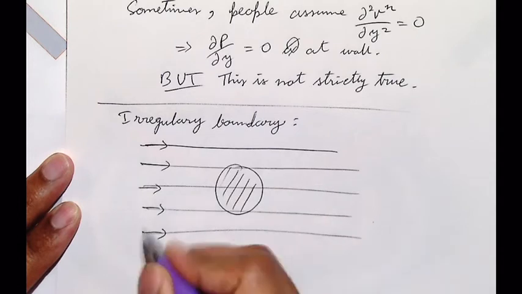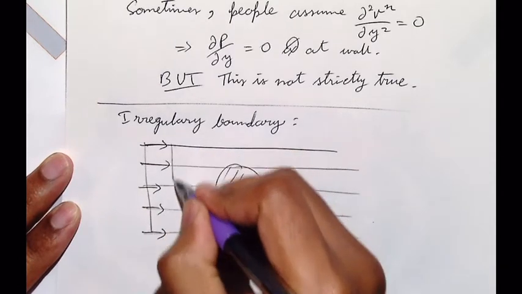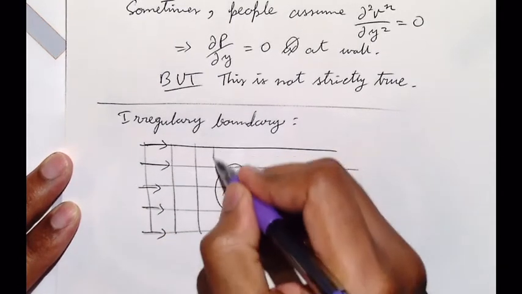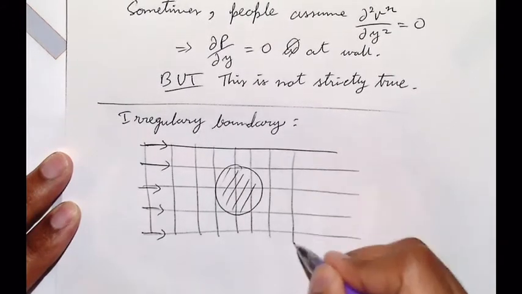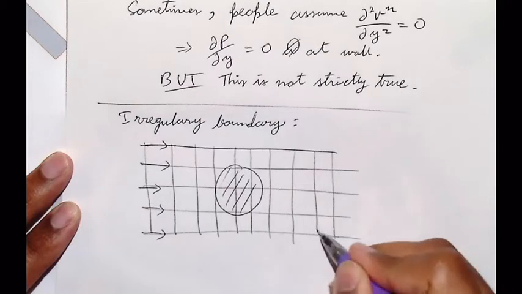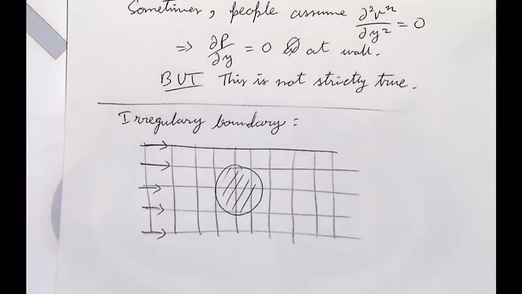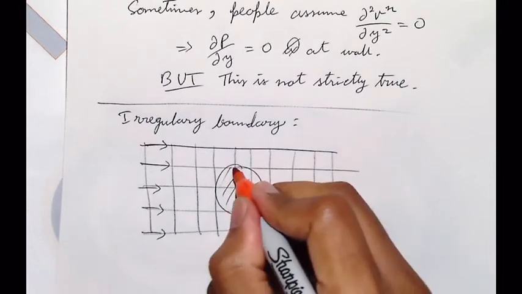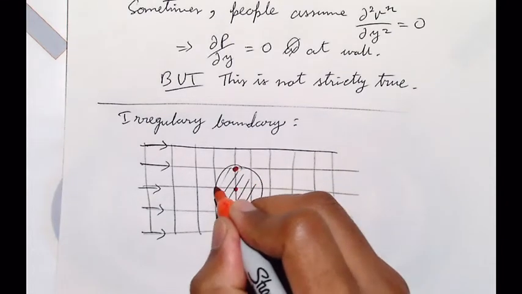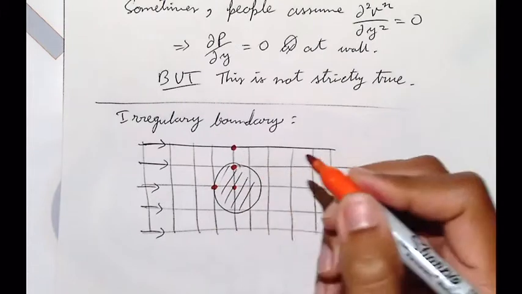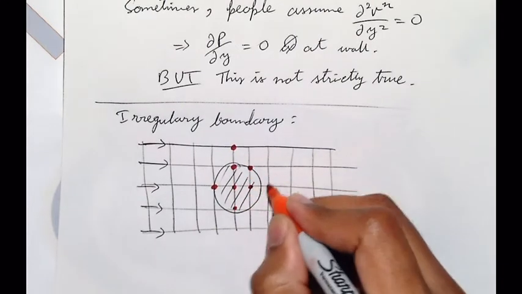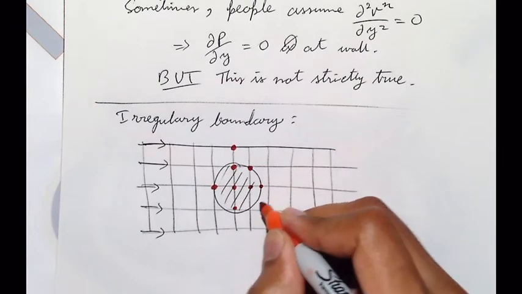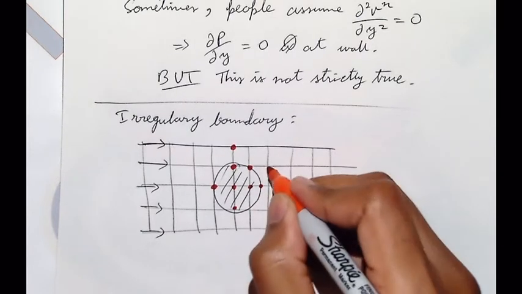We would again discretize the whole domain and form this nice grid. But now we have grid points that are inside the wall of the object, and we have points that are just touching it.